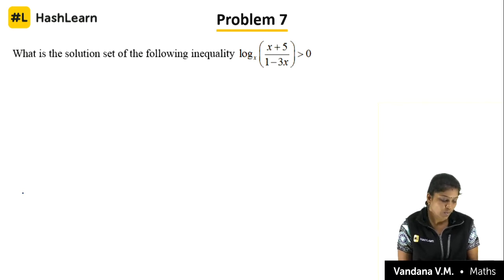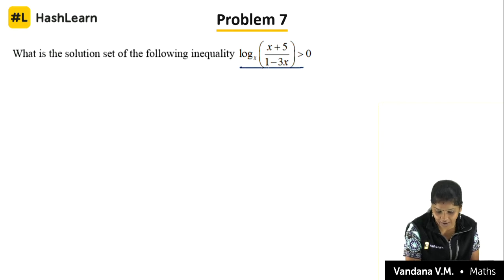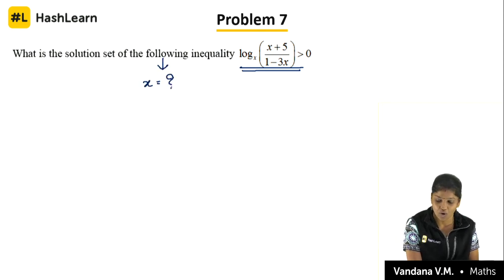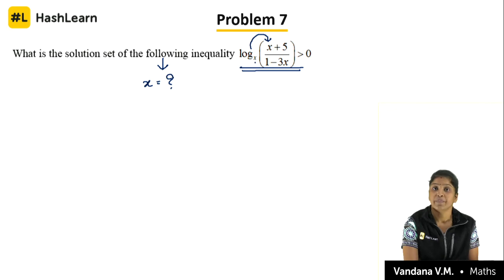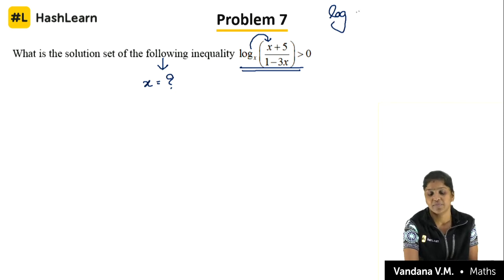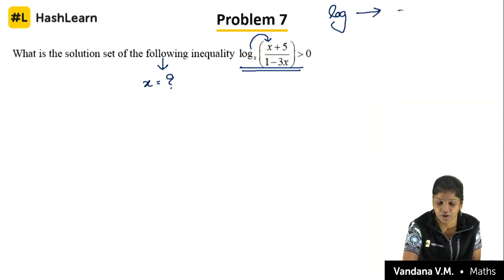Next problem. What is the solution set of the following inequality? Solution means finding the unknown variable. Indirectly they are asking the value of x. Okay. Now see, it is inside the log. By the definition of logarithmic function, before solving that inequality, the logarithmic functions are defined for positive numbers only.